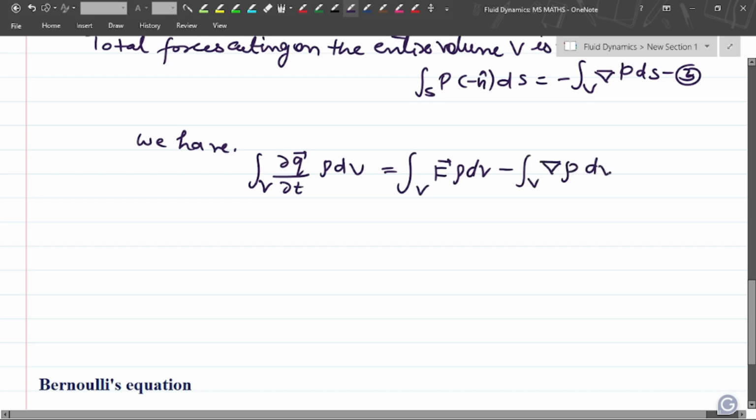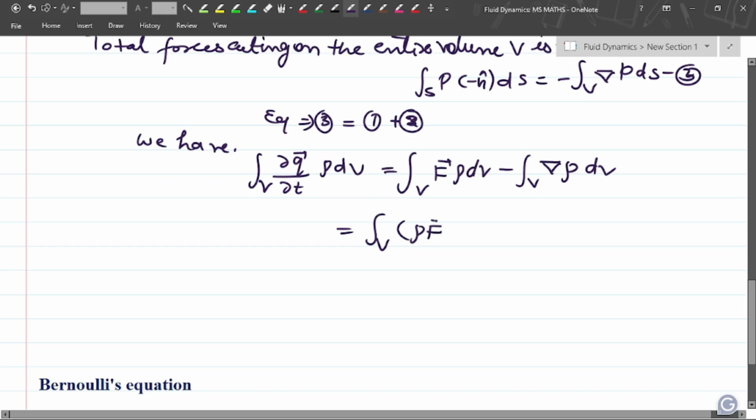So the integral of dou q by dou t rho dV is equal to the integral of f vector rho dV minus the integral of the divergence of p, because basically we have done in this way that equation number 3 is nothing but equation 1 plus equation 2.